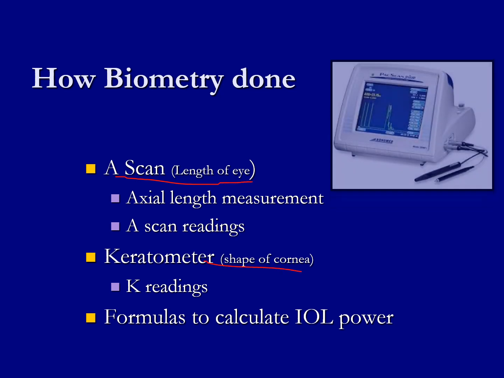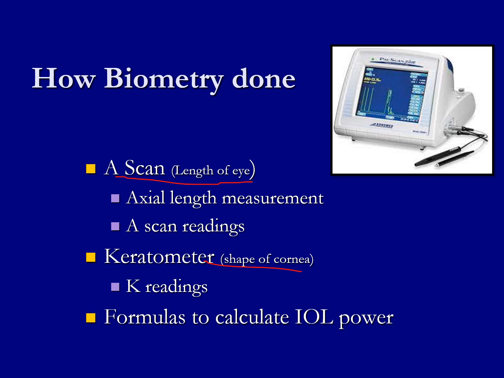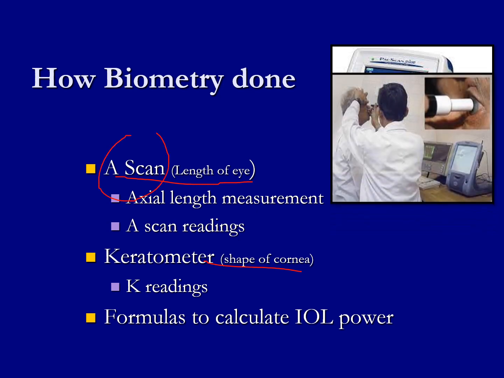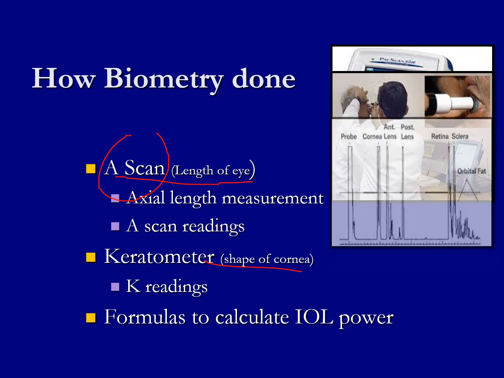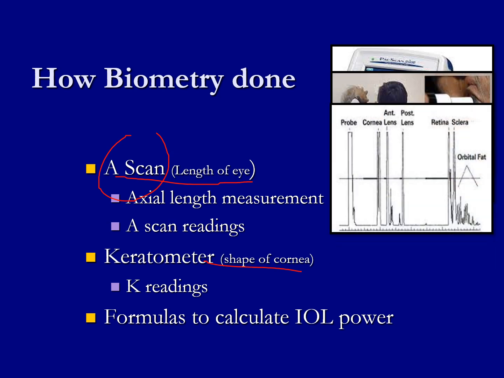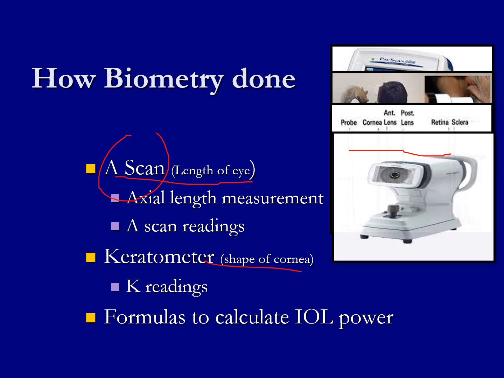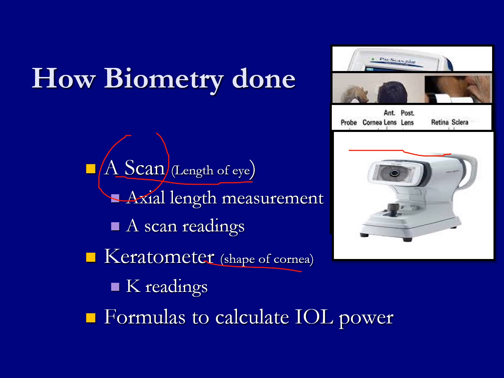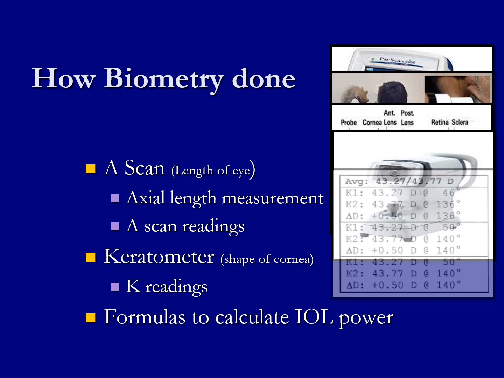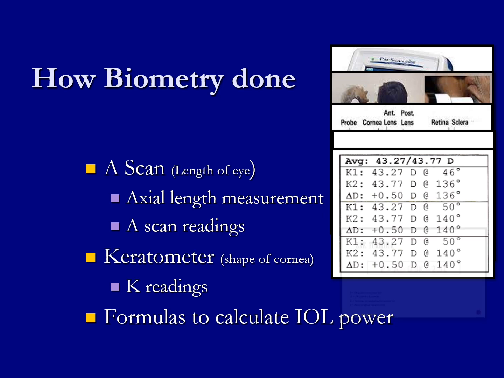The length of the eye is found out with a machine called the A-scan. This is the A-scan, and you touch the eye with the A-scan and it gives you the length from the cornea to the retina. That's how you find out the length of the eye with the help of the A-scan. Second, this is the keratometer, and with the keratometer you find out the shape of the cornea.